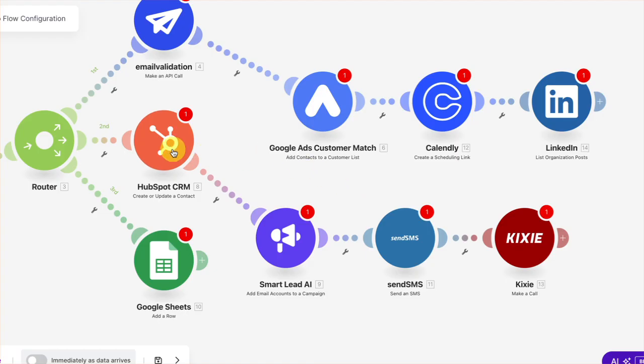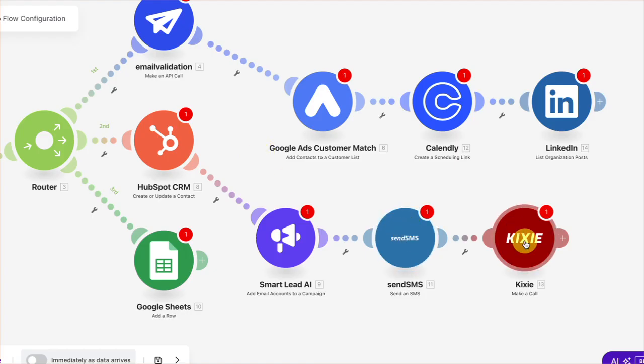In addition to that, after HubSpot, we're passing this over to Smart Lead, which is an email marketing platform. Very cool stuff. Check it out. After that, we are sending it over to Send SMS that will then validate the phone number and send out a text message, again based on the filters that we have here, so that we're reaching out to the right people.